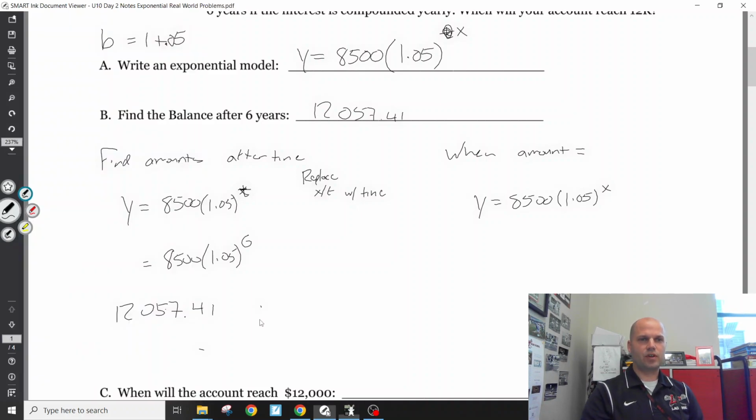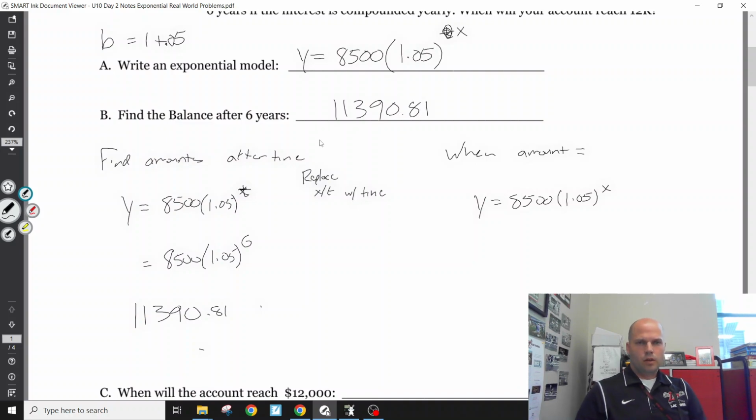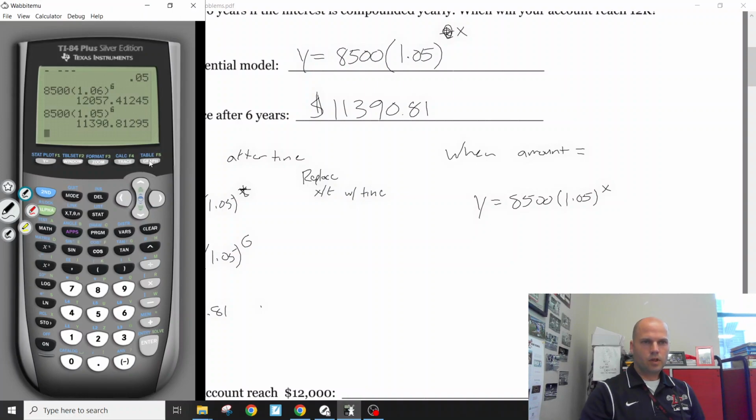So 11,390.81. Or in the graph, trace 6, you get that 11,390.